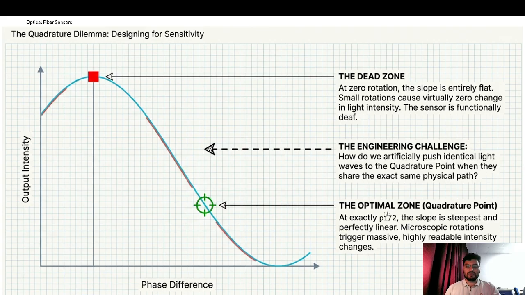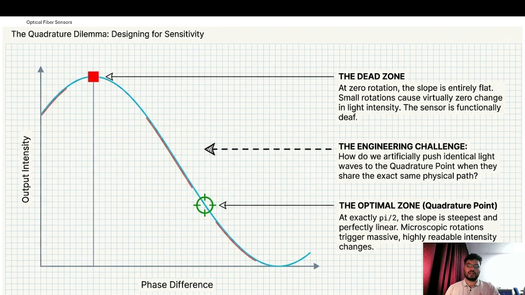The optimal zone, which is near the midpoint of the curvature, is called the quadrature point. At exactly pi by 2, the slope is steepest and perfectly linear.